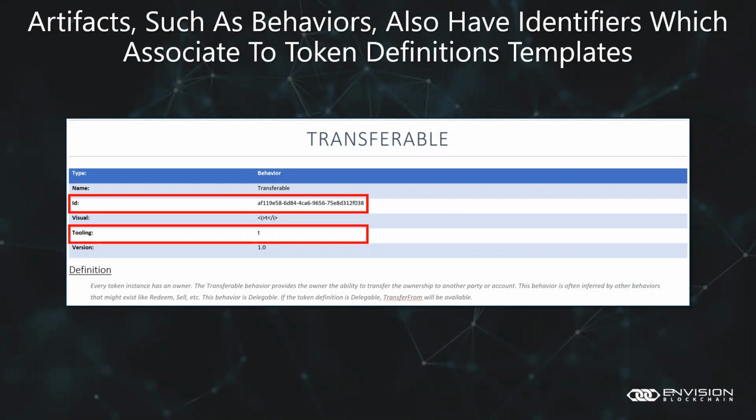And then underneath you have tooling, where you have a small t to the right of it. And that T is the behavior artifact symbol, so that when we begin putting together a token formula, we don't have to spell out transferable, we can just use T as an example.